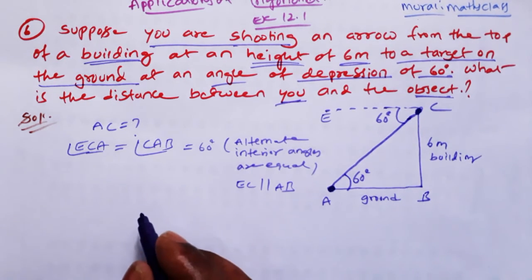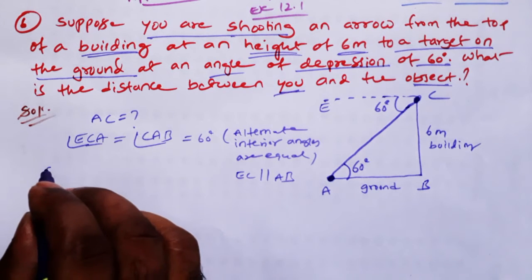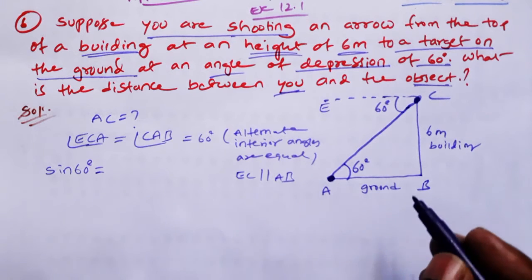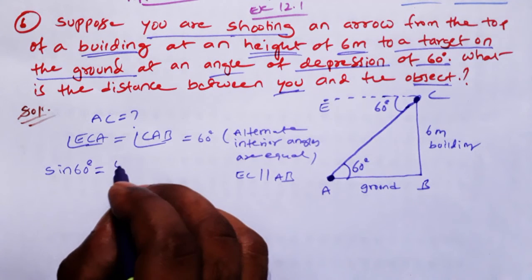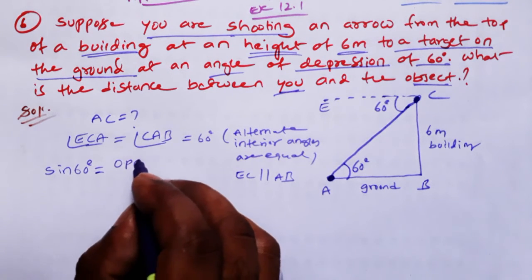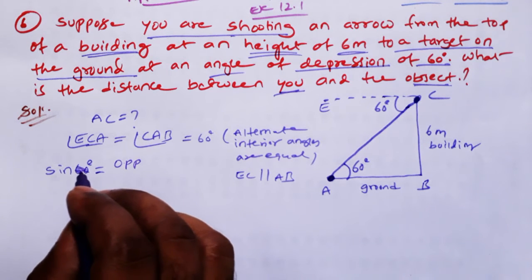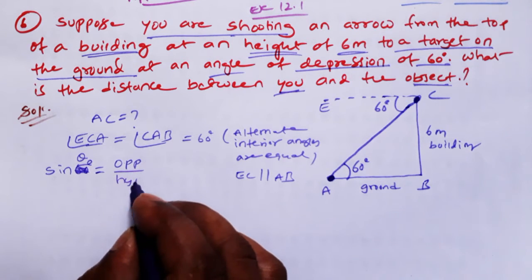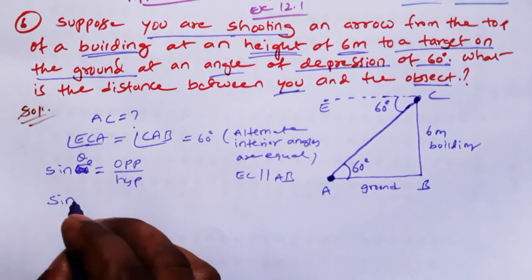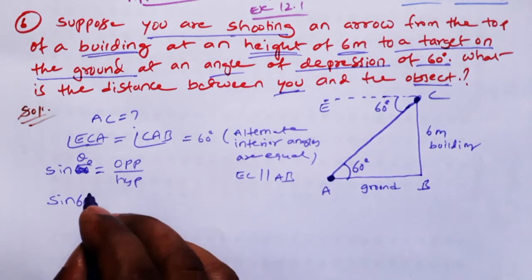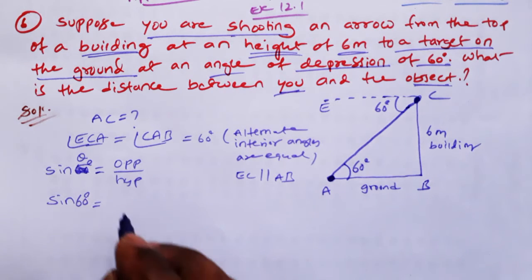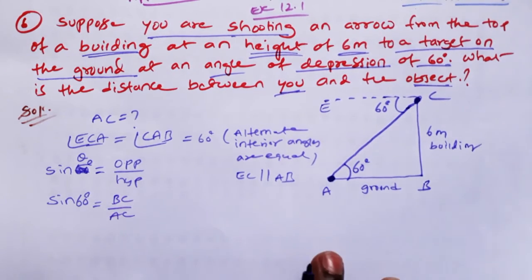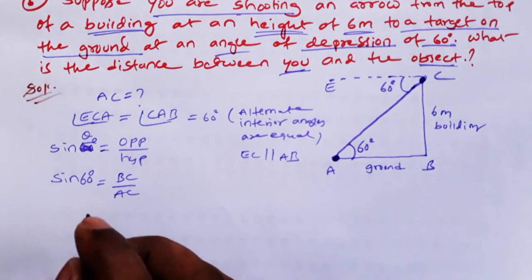For that, what we can do, we can apply sin 60 degrees. Sin formula is what? Sin theta is opposite by hypotenuse. Sin theta means what? 60. Opposite means what? BC. Hypotenuse AC. Sin 60 how much?